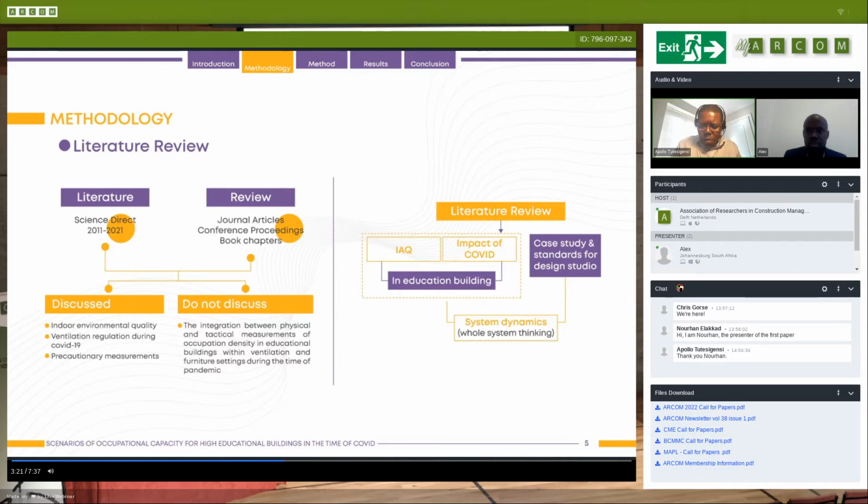The literature map is a brief map that shows the points discussed in the literature review, including indoor air quality in education buildings, the impact of COVID in education buildings, and the system dynamic approach. Then I came out with standards and regulations during COVID for ventilation rates and CO2 concentration in order to use them as input data in simulation.